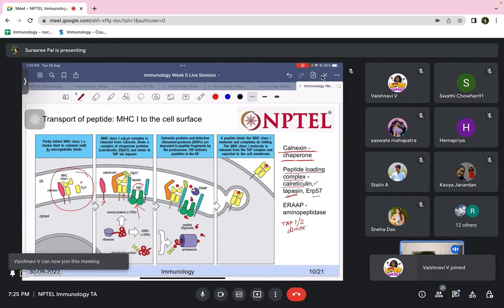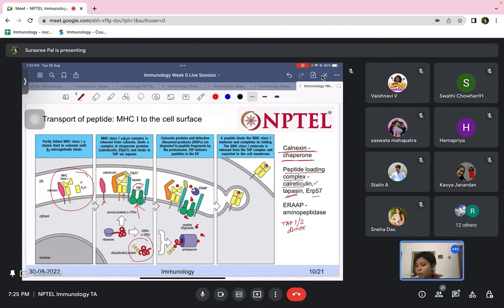Now you can see that this is a ubiquitinated protein which is cleaved by the proteasome, and then it is transported by the TAP, and here this peptide molecule will now be able to bind to the MHC molecule. Another protein, ERAP, is also mentioned here. ERAP is an enzyme which is an aminopeptidase.